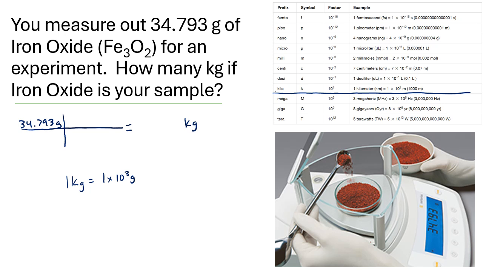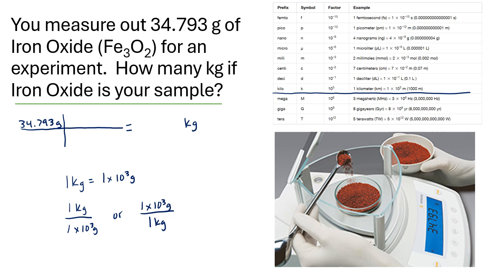And of course, we can write that as either 1 kilogram is 1 times 10 to the third grams, or 1 times 10 to the third grams is 1 kilogram.